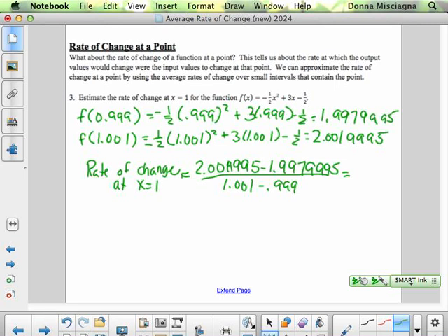We get 0.0040, over 0.002. Let's put the final number in. The final number is 2.0.